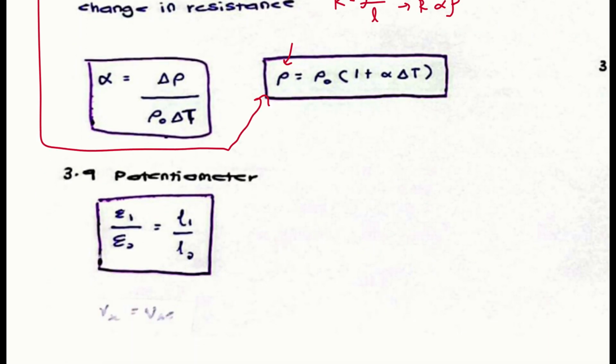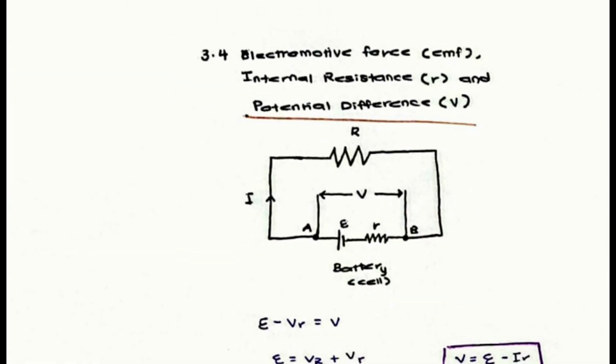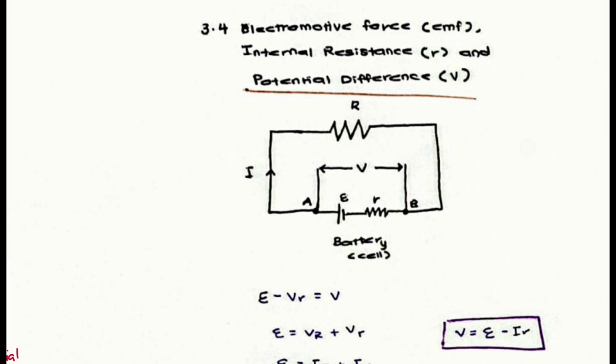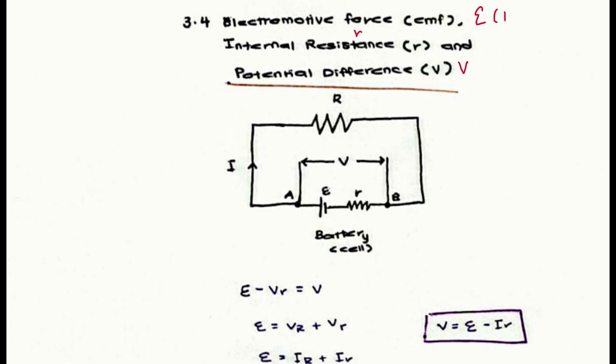That is 3.3, and then we have 3.4. For 3.4, we have electromotive force, EMF, internal resistance, and potential difference V. In this case, we consider EMF is from the battery. So we assume this is our battery. In the battery, we have the internal resistance, and the internal resistance exists because of the chemical content of the battery.